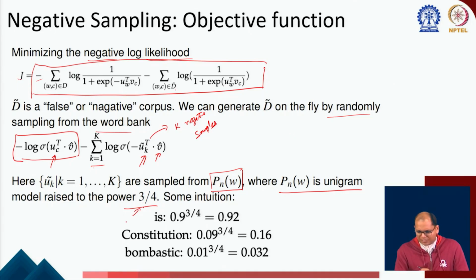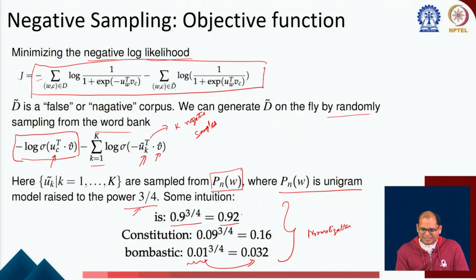You raise it to the power 3 by 4, and the impact it has is mainly for words that have very low probability. So by raising it to the power 3 by 4, you end up increasing their probability, right? So this becomes 0.032, while 0.9 to the power 3 by 4 becomes 0.92. It has small impact here, but you get larger impact there, and of course you will do a normalization over that.